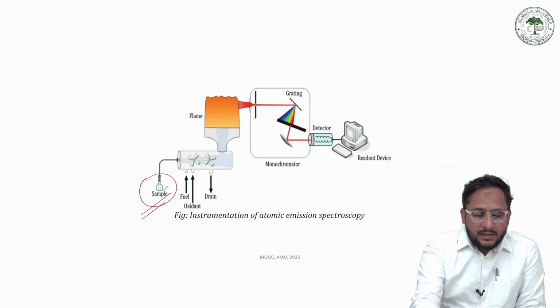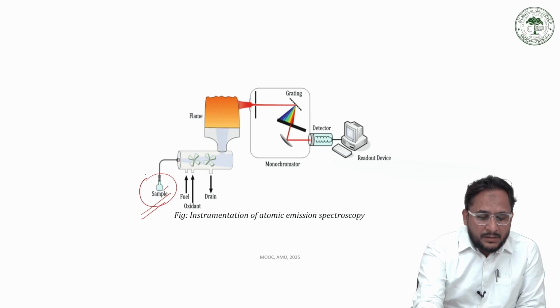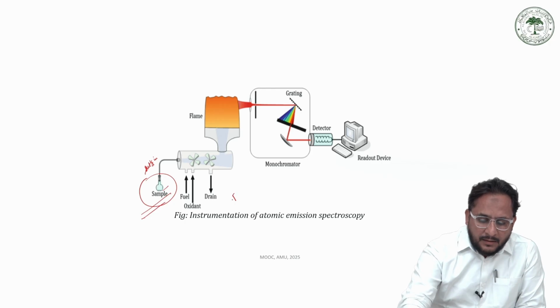This nebulizer has a pump which sucks in the sample and mixes this sample with fuel and oxidant. The common fuel for flame atomizers are either hydrogen gas or acetylene gas, CH triple bond CH, while the common oxidants are oxygen or maybe air or nitrous oxide.